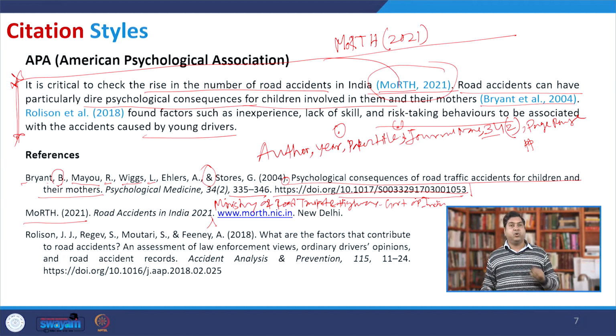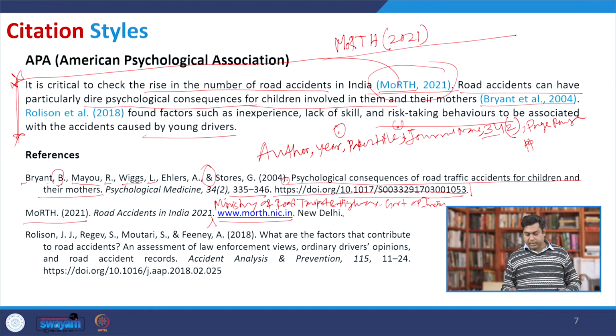Why is it important to write Government of India? Because Ministry of Road Transport may exist for this country, maybe for some other country. So, Government of India is essential. Whenever you are giving a source of a website, it means it has all the details. If you click on the website, it will go to that. Now, whenever you give this kind of website information, it may happen that the website keeps on updating, they can change from one to another.